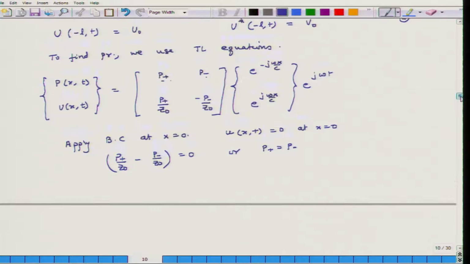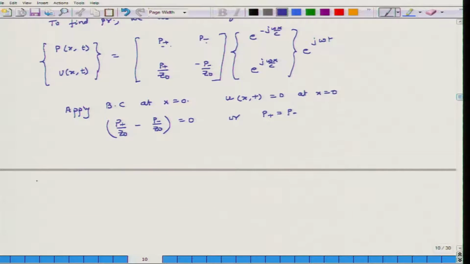So, we put this boundary condition back into our system of equations.